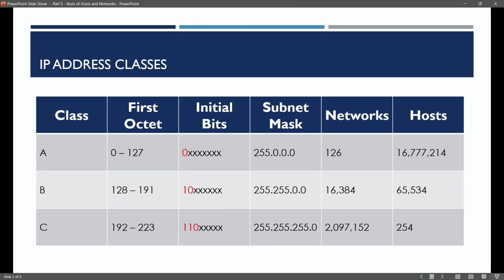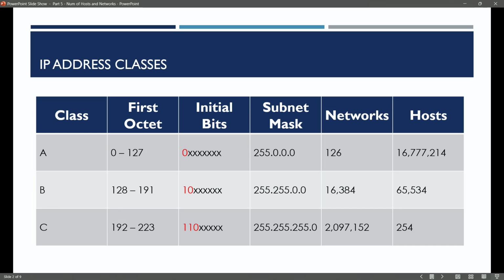You might remember our IP address classes, and we saw, for instance, in Class C that there were 2,097,152 networks possible and 254 hosts per network. How in the world did we calculate those numbers? Well, let's take a look at just how easy that is to do.